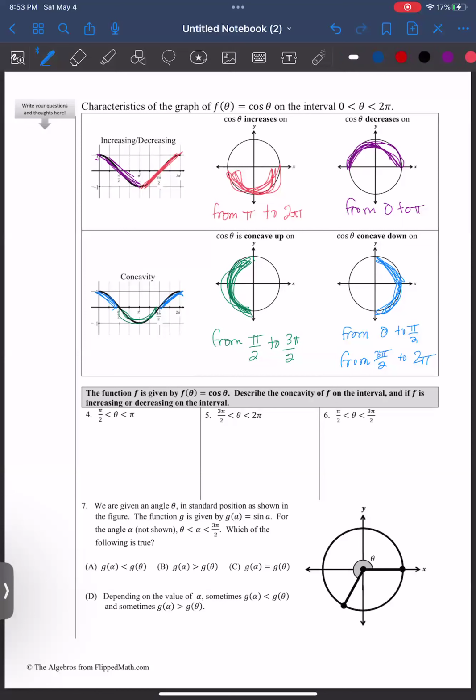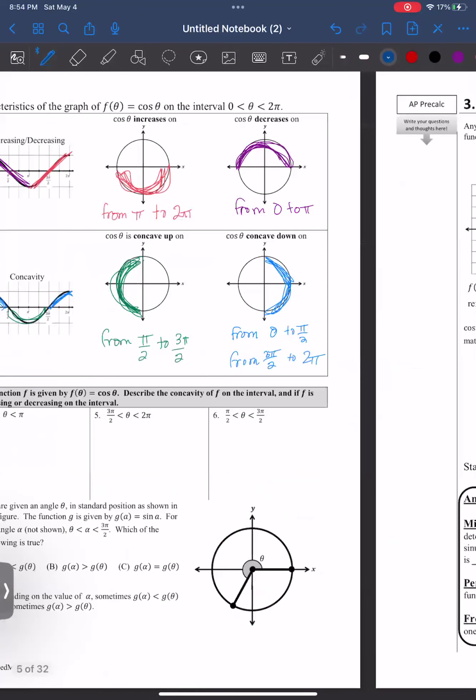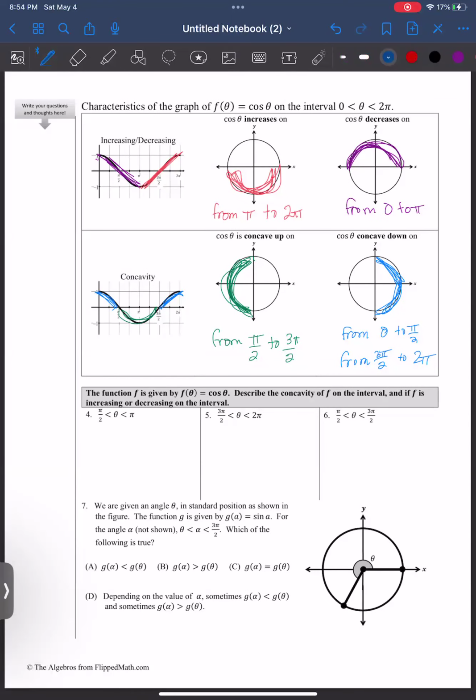So now I'm going to go ahead and in my dark blue, I'm going to just write it out so that you all can see that concave up is going to match increasing. So this is sine's concave up. This is sine's concave down. While my concave up, now this is going to be a bit extra interesting.